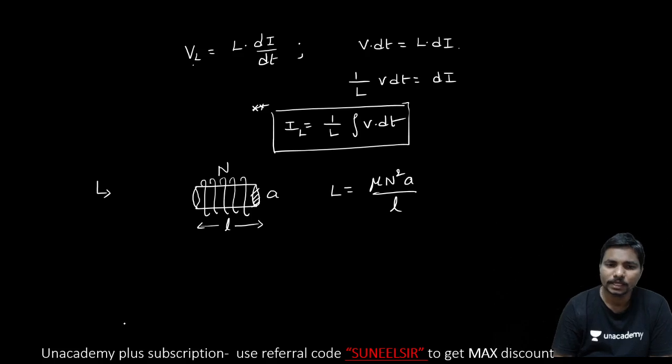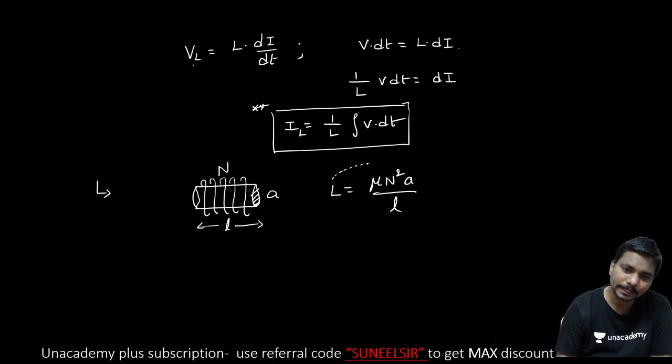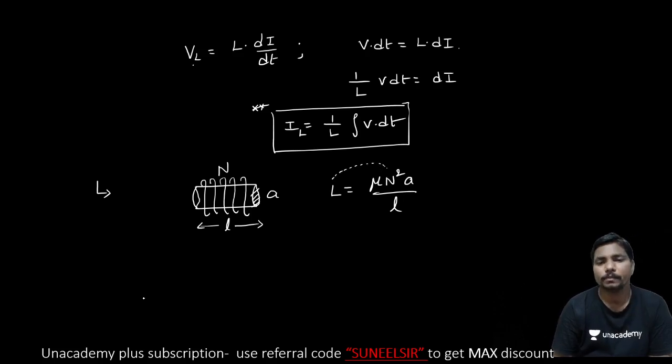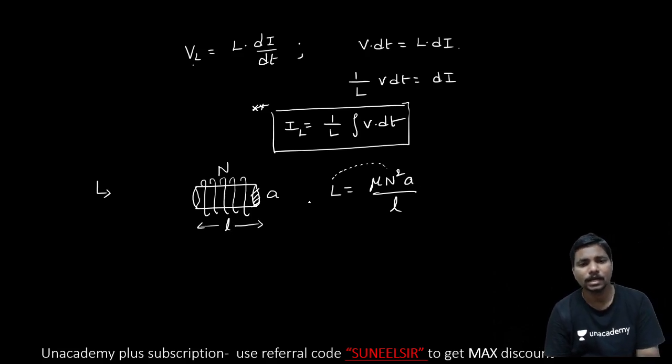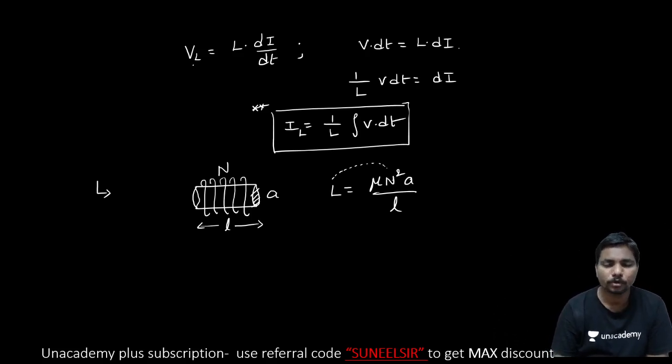That means the inductance is directly proportional to the number of turns squared. So if you take a given length of the core and area, and wound with more number of turns, then inductance will be much higher.